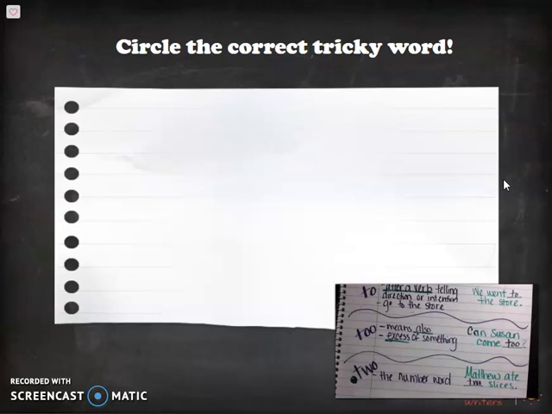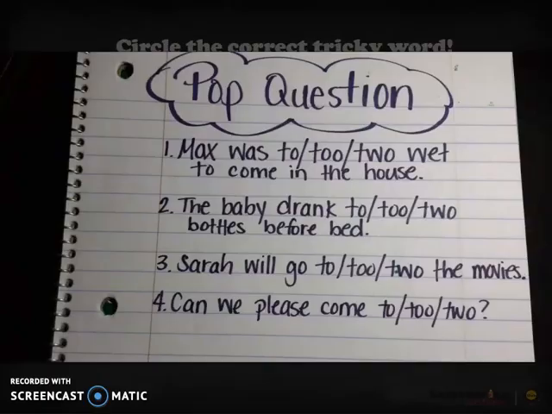I want you to rewrite those sentences and then circle the correct form that you should use in each sentence. Send a picture of it to me on Class Dojo and that will count as your pop question for writing today. Here are your pop questions. Just be sure to rewrite these sentences with the correct homophone and then send me a picture.